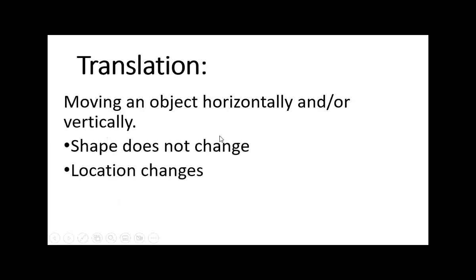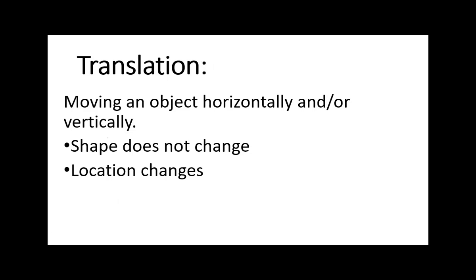First off, we're going to talk about translation. Translation is when you move an object horizontally or vertically, and the shape doesn't change. All I'm doing is taking any type of object and just moving it. Only the location changes.